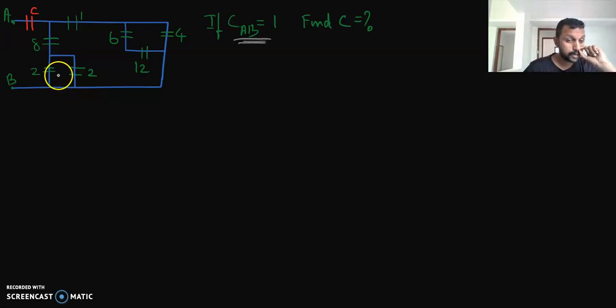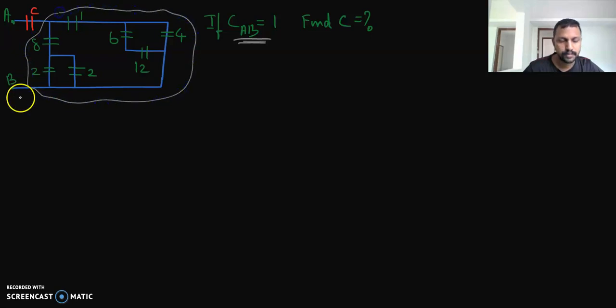Okay, for finding out the value of C, what we have to understand is we could find out the total capacitance of this particular part. If we find the capacitance of that part, then the circuit will become a circuit like this.